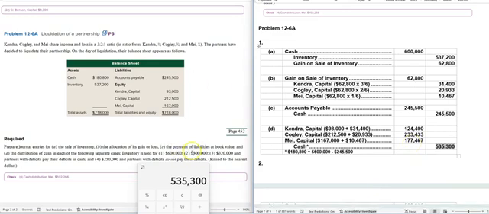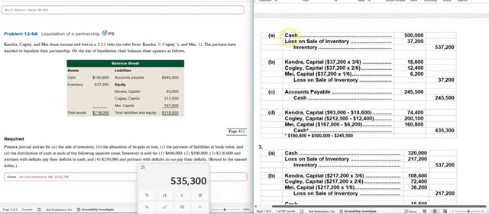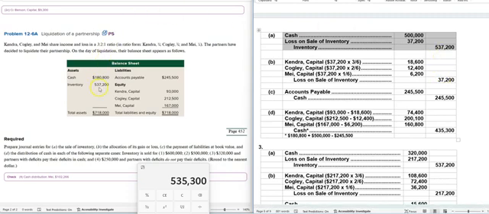Let's assume instead when the partnership is liquidated, the inventory is sold for $500,000. First thing, we're going to sell that inventory. The business is going to receive cash of $500,000, debit cash. Inventory goes down $537,200, and we sold this inventory at a loss, for less than what it was worth.